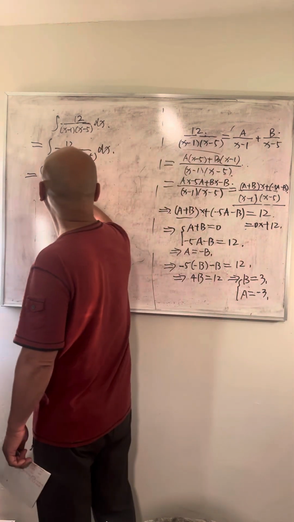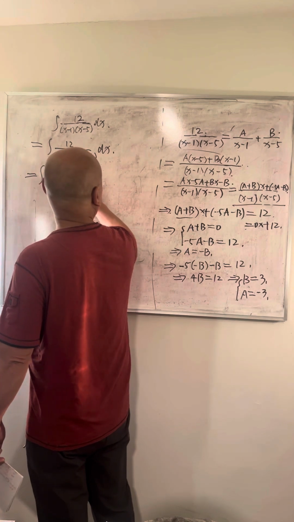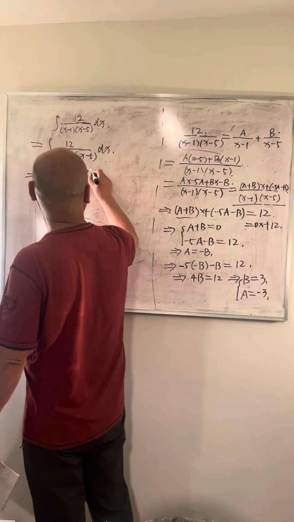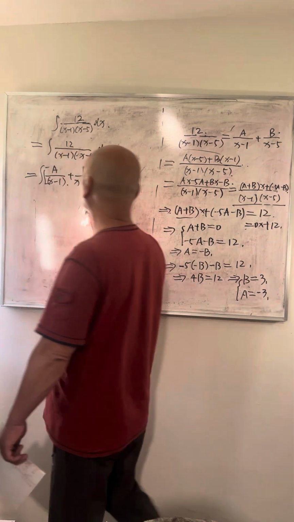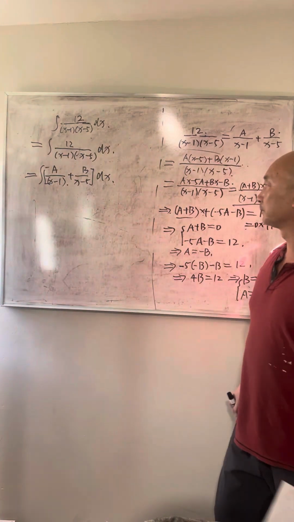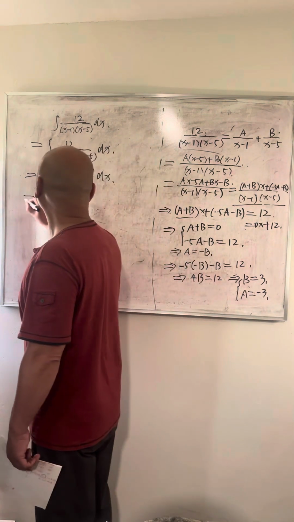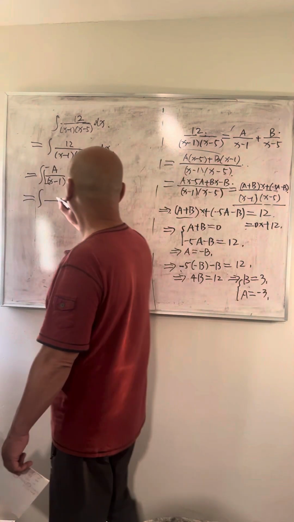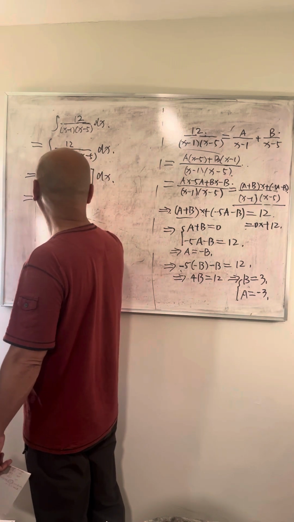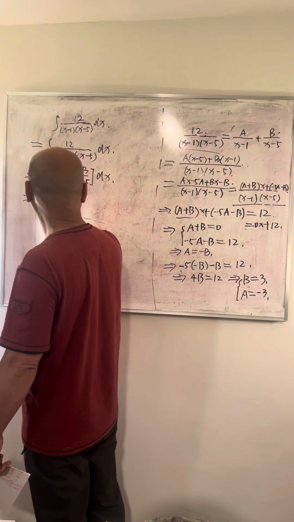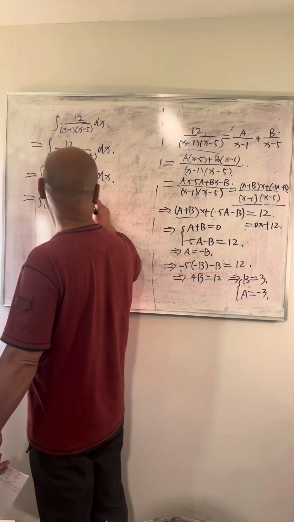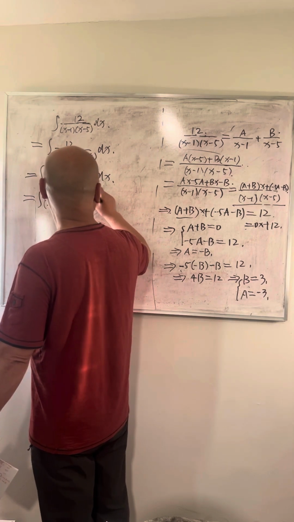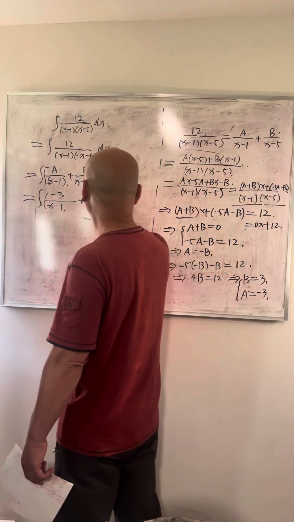So a over (x minus 1) plus b over (x minus 5) will be the antiderivative. So a is now negative 3, plus b over x minus 5, and b is 3.